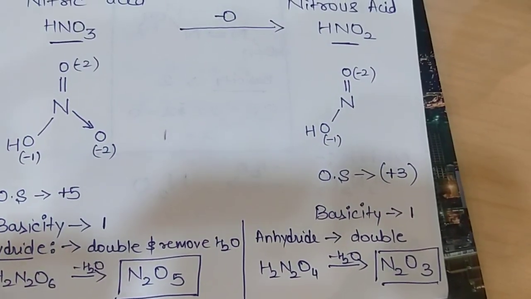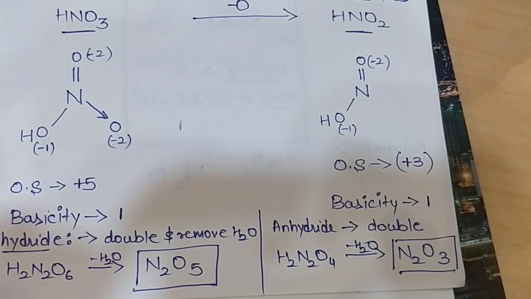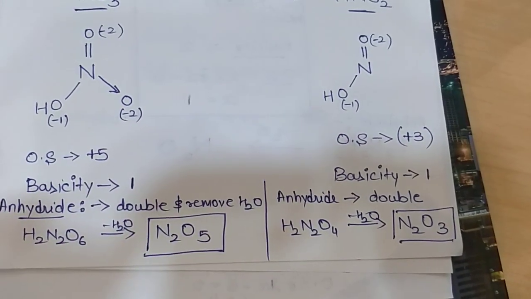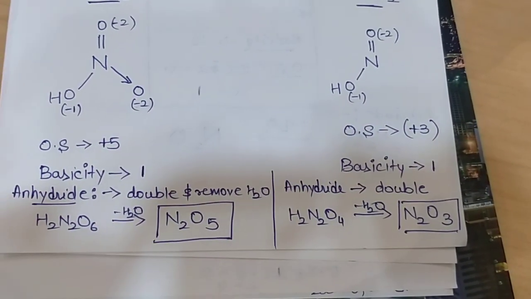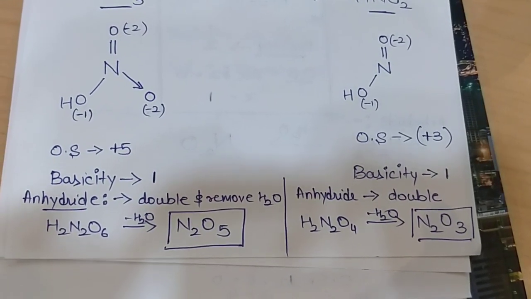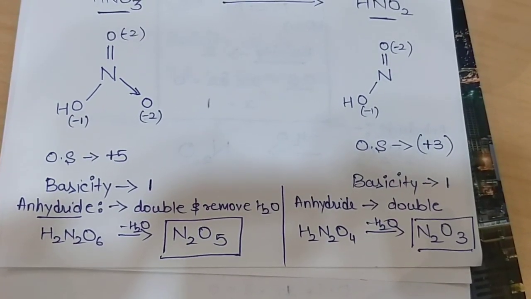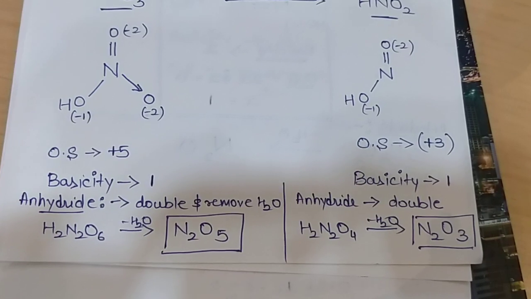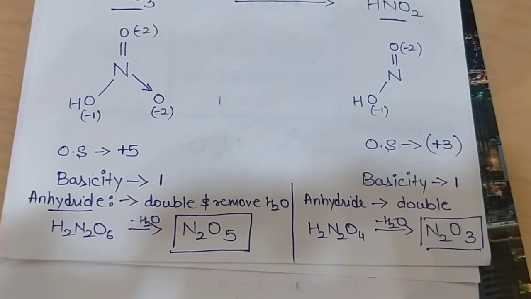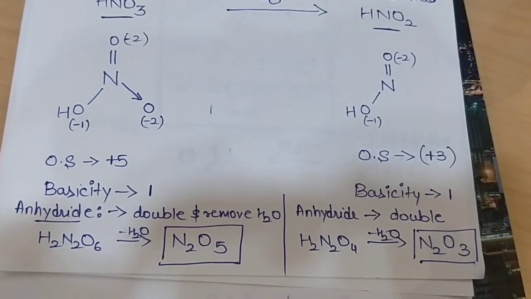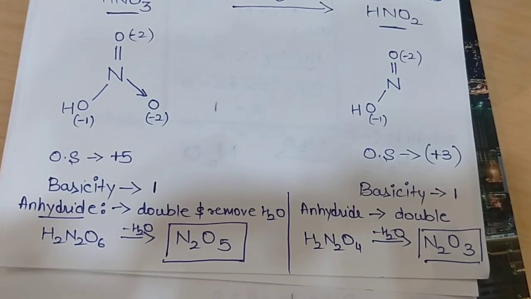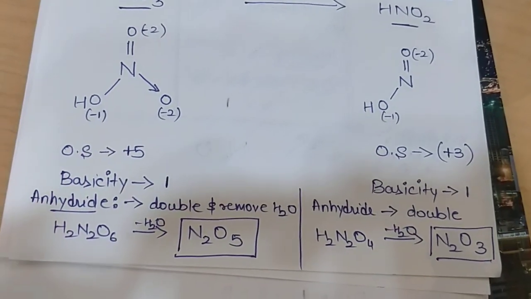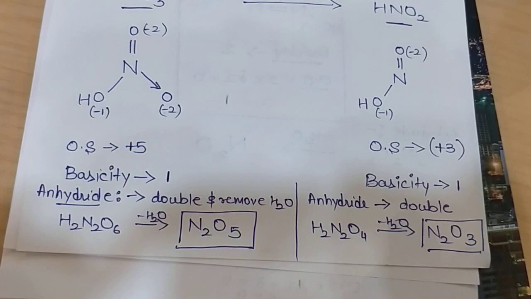Oxidation state here comes out to be +3. You can easily calculate the oxidation state, as we have already discussed in detail the oxidation states of oxy acids of phosphorus. If you still find any difficulty, you can ask me. Basicity depends upon the number of OH groups, which comes out to be 1. Anhydride, how to calculate anhydride?